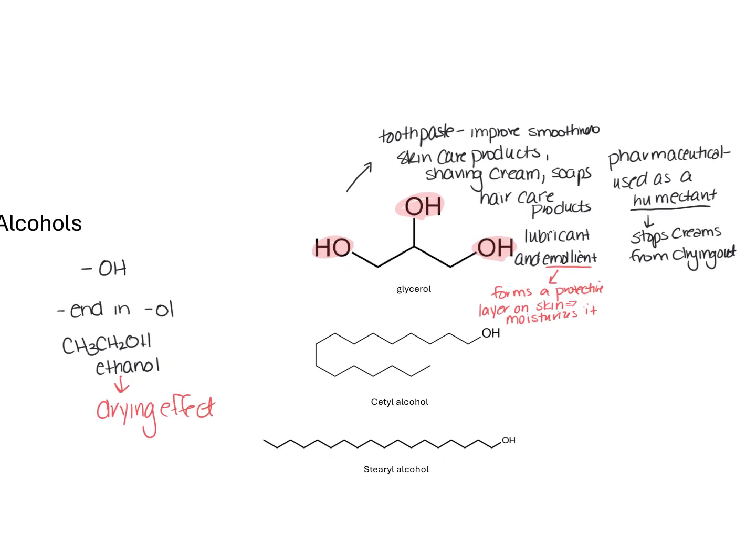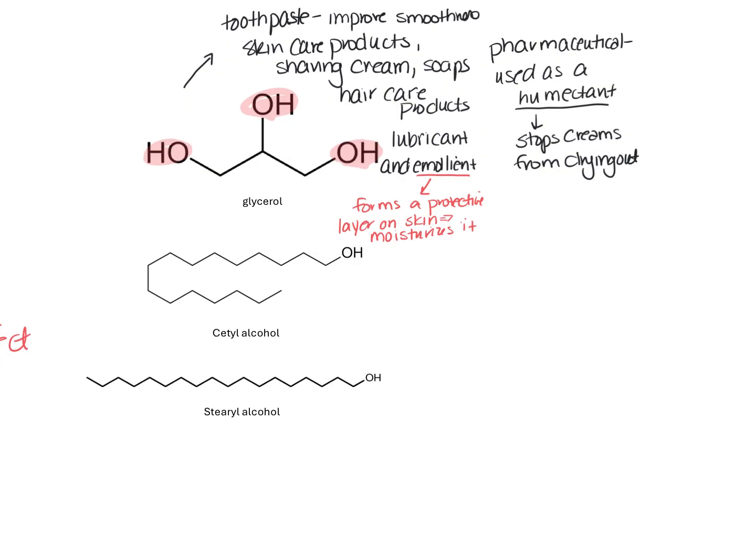Other places that we see the alcohol groups are on fatty alcohols. And so these are 2 examples of what are called fatty alcohols. The reason they're called fatty alcohols is because the fatty part is the long carbon chain here, which you see a lot of times in fats. We're going to talk about fats in one of our following screencasts. Despite having alcohol in their name, this long chain really gives them these waxy emollient properties.